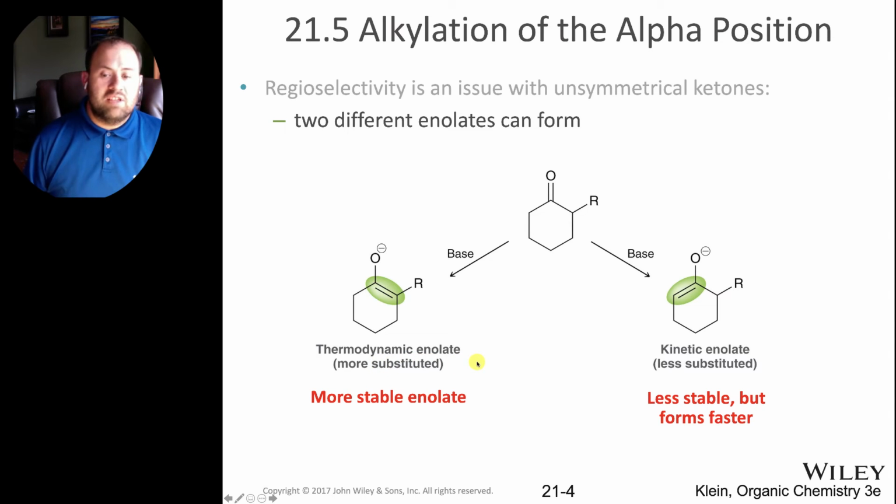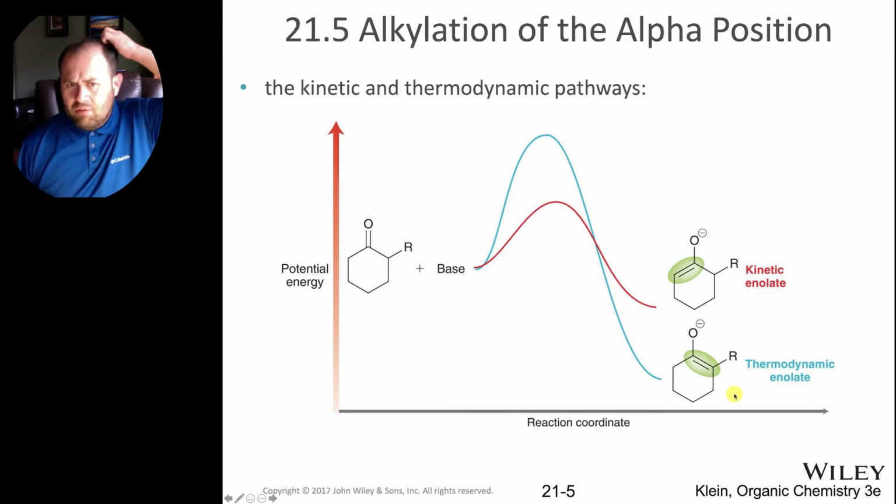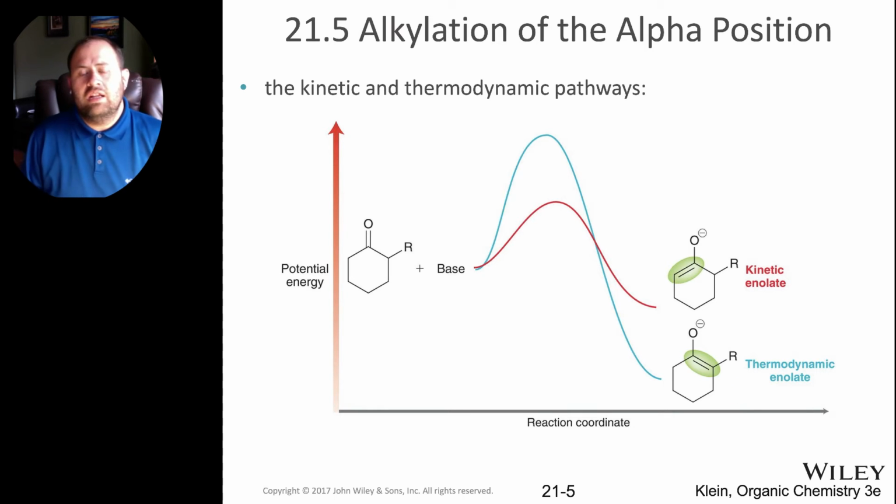And what that's going to represent is, it's easy to make the least substituted enolate, but it's harder to make the more substituted enolate, but it's also more stable. And so it's the same idea. We're going to use temperature like we did back in the conjugated diene electrophilic addition. We want to use temperature to favor the thermodynamic versus the kinetic.